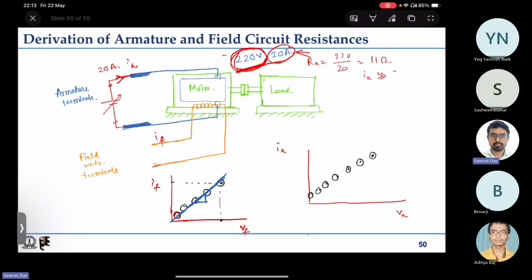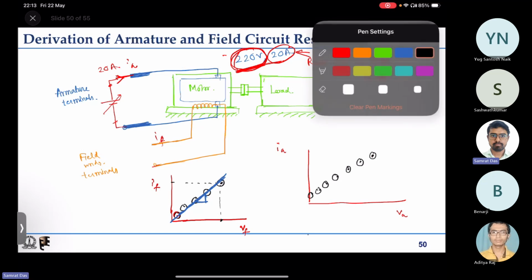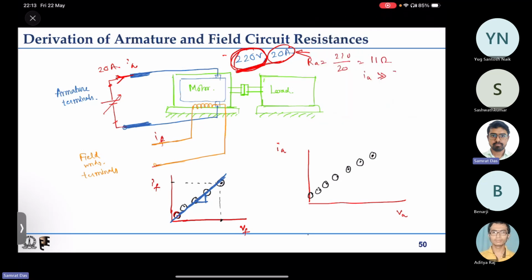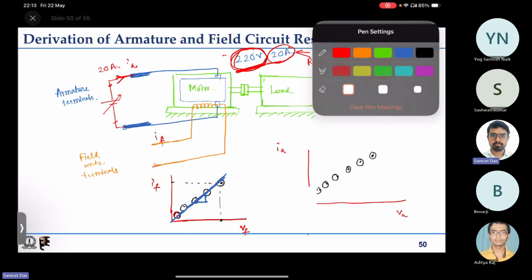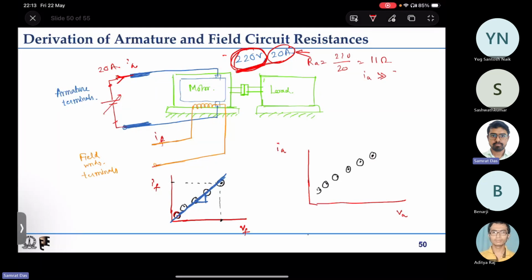You take multiple readings like that, very close to the y-axis. You may not be able to read very accurately, so let us say I stop here. That is the minimum current that my ammeter can measure accurately.